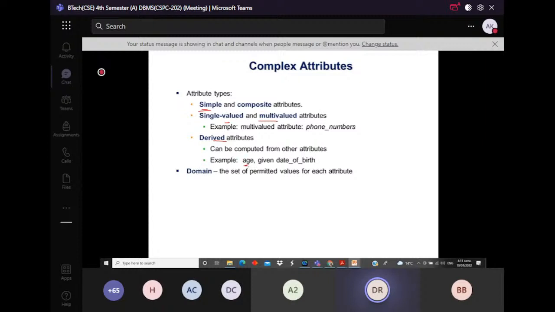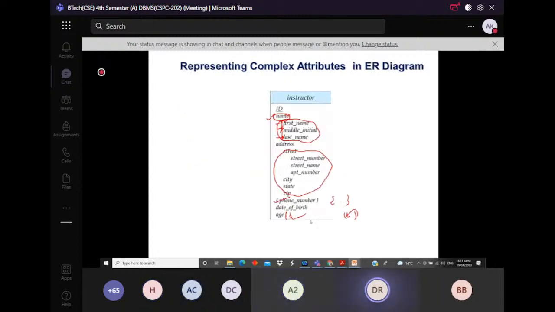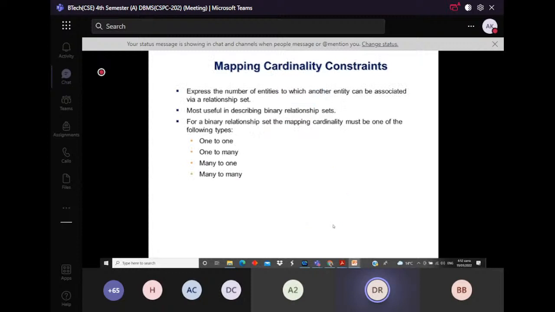If date of birth is given to you, then you can calculate the age of a particular person or not? Yes, ma'am. So that is why age is called a derived attribute. Whenever you have to mention a derived attribute, it can be written with the help of this round parenthesis.